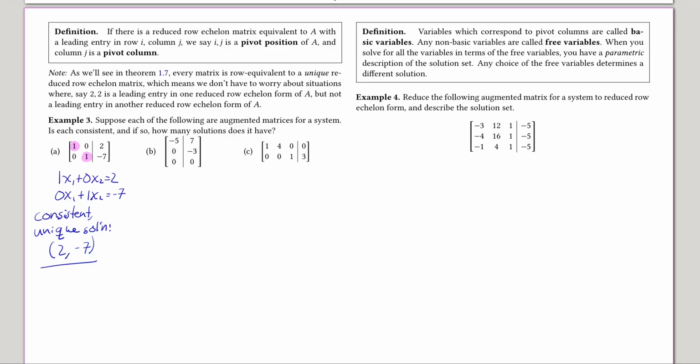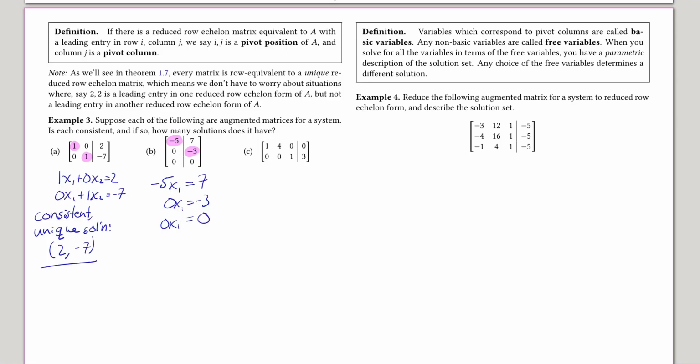Okay, let's look at B. This is in echelon form because the leading entries are to the right of the ones above it, but it's not reduced echelon form because they're not ones, and there's also this 7 here. Keep that in mind. So let's translate this to equations. There's only one variable here, because there's only one column in the coefficient part. -5x1 equals 7, and 0x1 equals -3, and 0 equals 0.